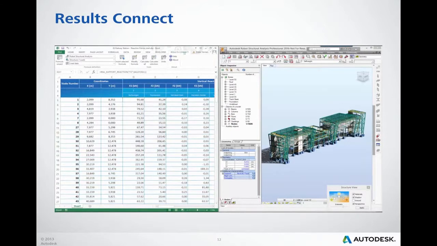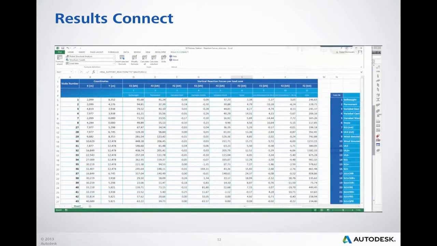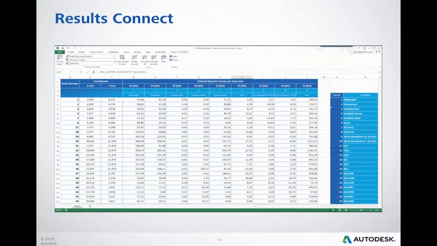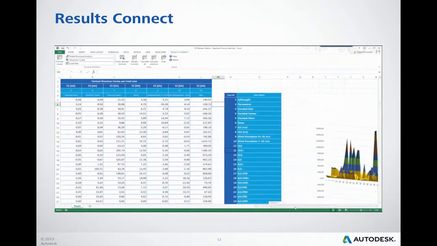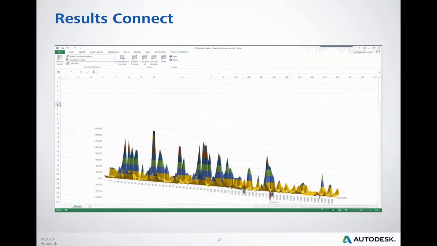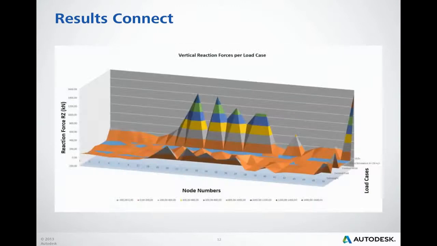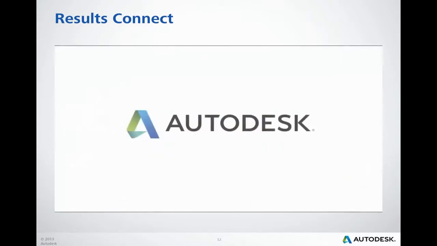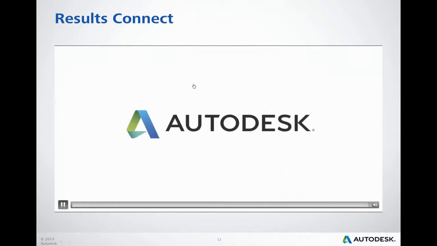In this way, by pasting or expanding data to different columns, we can fill the data. In Excel, we can then do with the results whatever we like, whatever Excel can do.